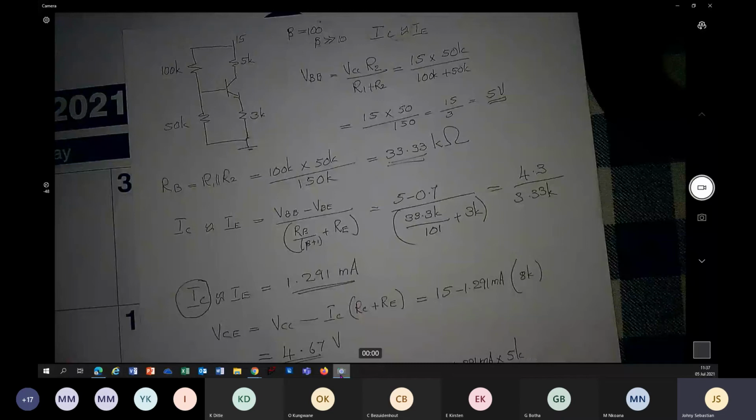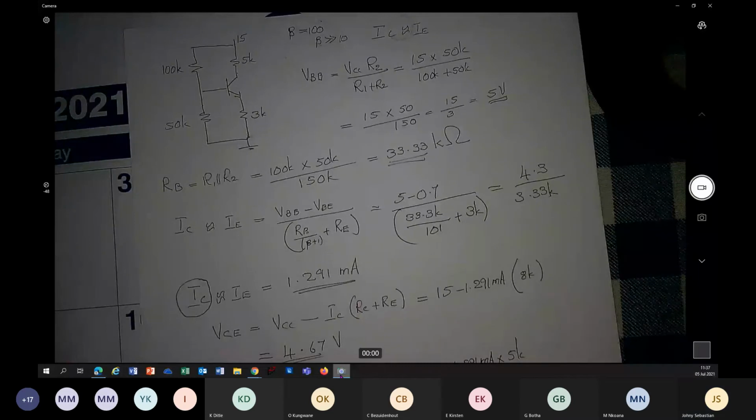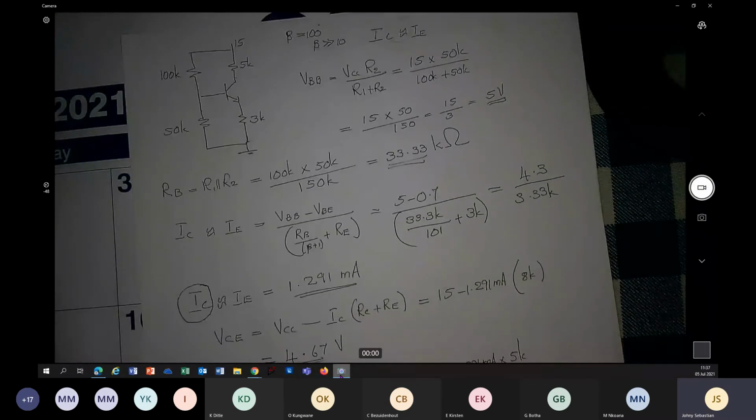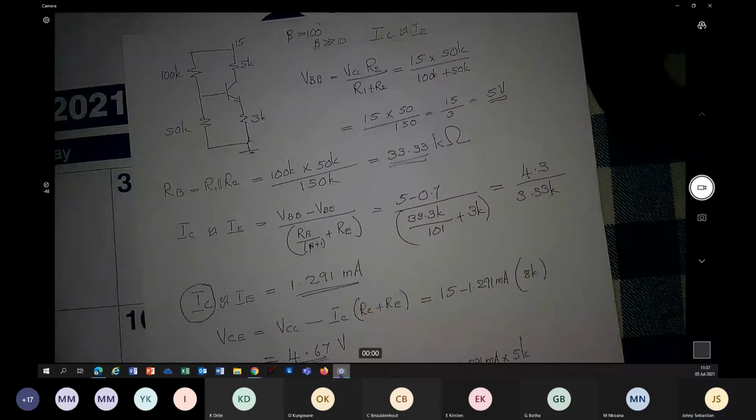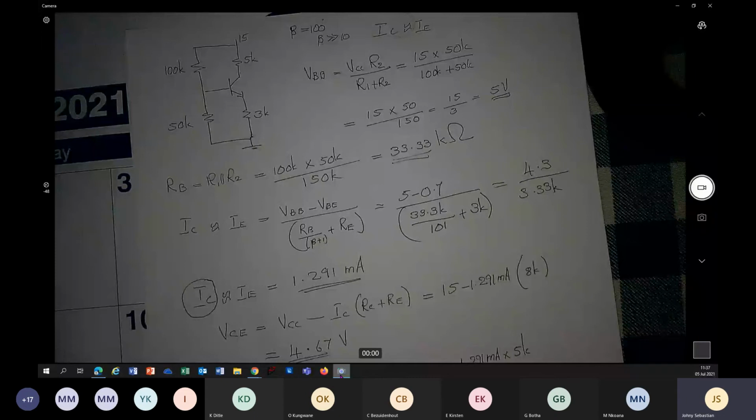What is the voltage at the collector? This is the voltage at the collector. Go back to the diagram.